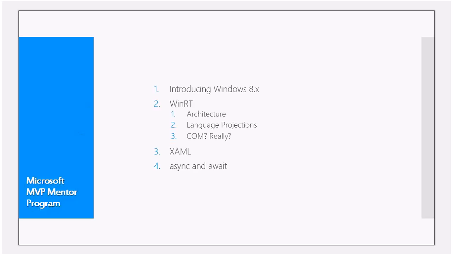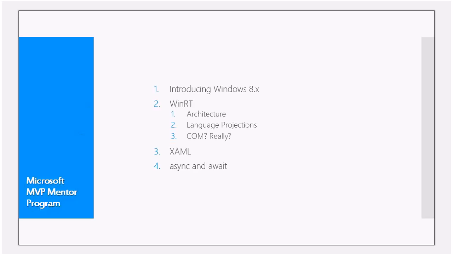I would like to walk you through Windows 8.x. I call it Windows 8.x because at this moment in time, Microsoft Windows 8.1 was released, and then back in April last month at Build, Microsoft announced the general availability of the update 1. So I'm going to refer to Windows as Windows 8.x.